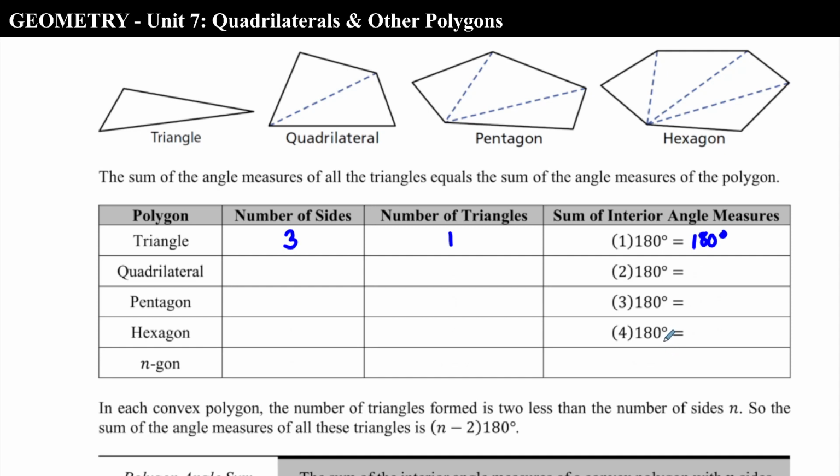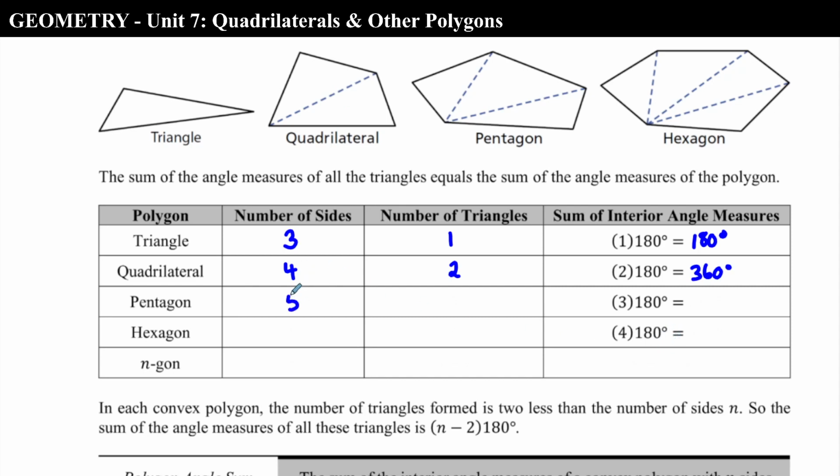We've learned this already. It's the triangle sum theorem: all the interior angles of a triangle equal 180. Now let's go to a quadrilateral. We have four sides. That can be split into two triangles, as we just showed. So 2 times 180 gives us 360. So all of the angles of a quadrilateral add up to 360.